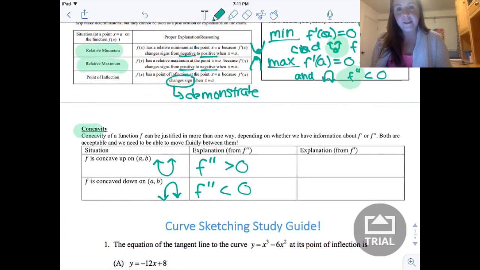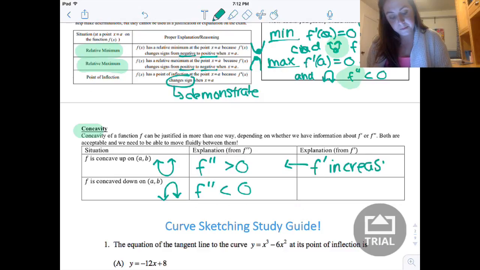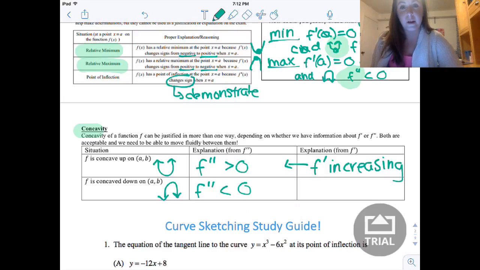So you have to think about the second derivative as the first derivative's derivative. So f double prime is f prime prime. When would that be positive? When would the derivative of something be positive? Well, that would be when that thing has a positive slope. So f prime will have a positive slope, or f prime will be increasing, which would make my second derivative positive because its slope is going uphill.